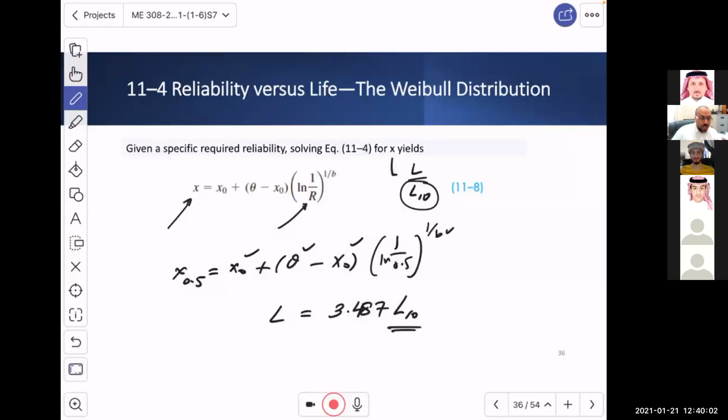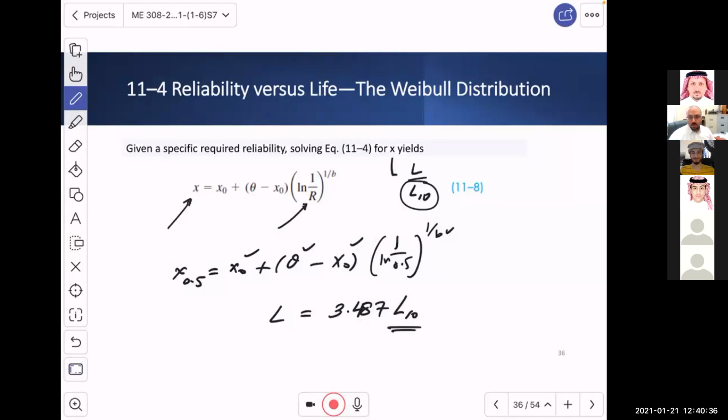This one is telling you the number of bearings that will survive. I want to tell you this. The idea here is this. The bearings that will end up surviving with 50% chance is 3,487,000 something, if we consider that L10 is 1 million.